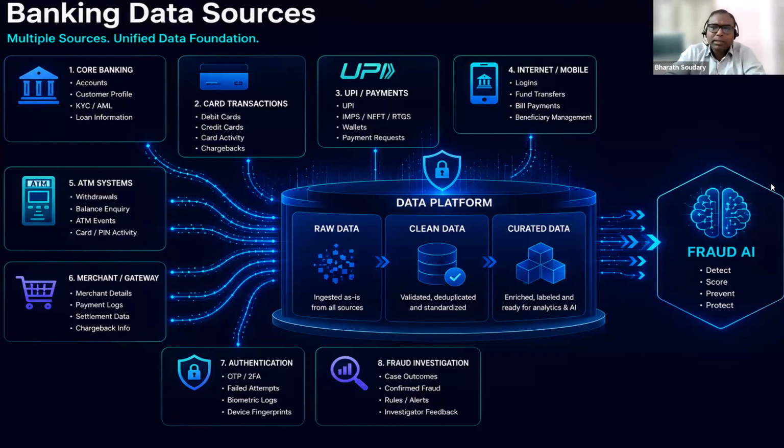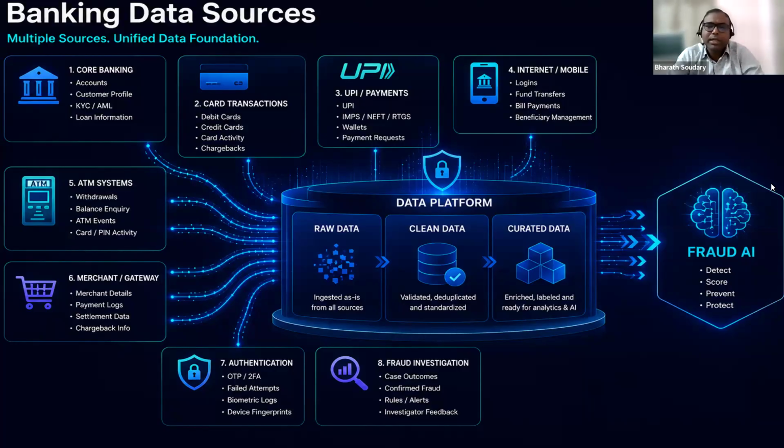Data validation. The system performs data quality checks, duplication checks, format validation, business rule validation, and any data inconsistency checks. The data platform: the slide shows the raw data, clean data, and curated data.